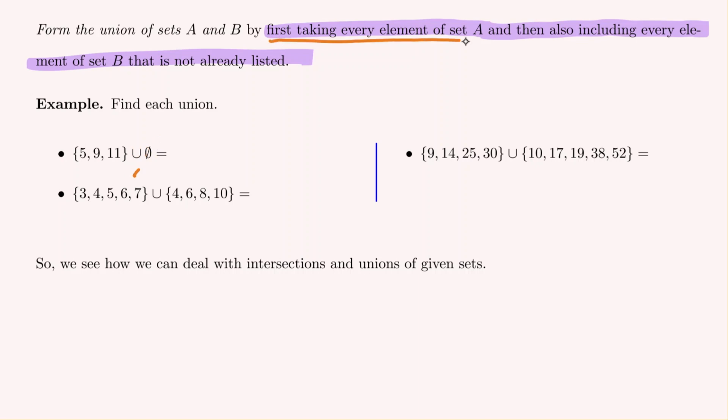I write down every element of the first set, and then I follow by writing every element of the second set that has not already been listed. So I write down 5, 9, and 11 because that's my first set. And then I think, are there any elements in this set that have not already been listed? Now in this particular example, remember the empty set has no elements, so it has nothing to contribute. So at this point, I close the set braces.